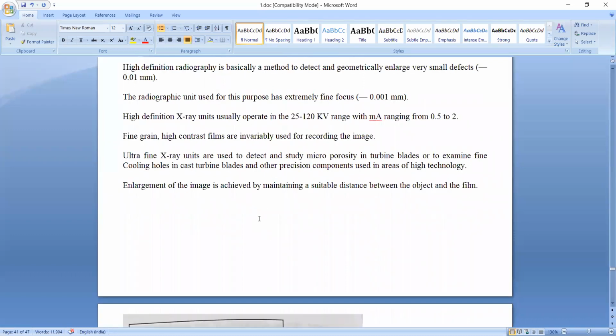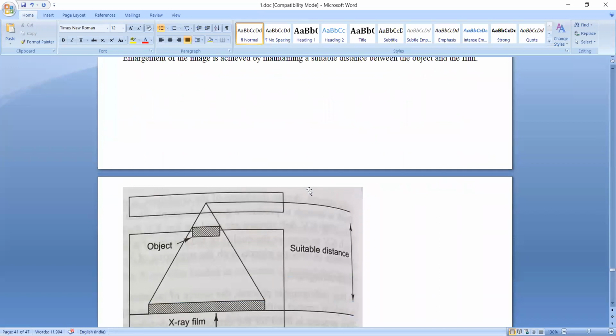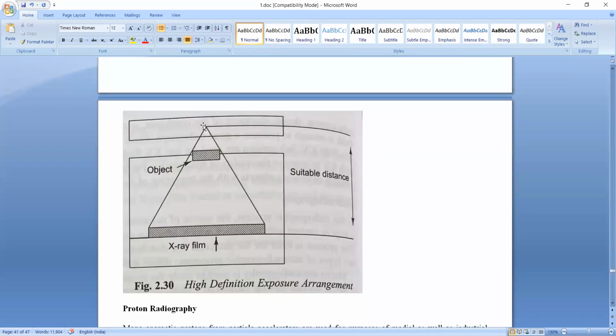Okay, enlargement, how is it possible? How can you magnify the defect? By adjusting the distance between the object and the film, we can enlarge the defect. Suppose this is the source, this is the object. If you maintain more distance between the film and the object, then because of the geometric properties of radiation, automatically the defect is enlarged.